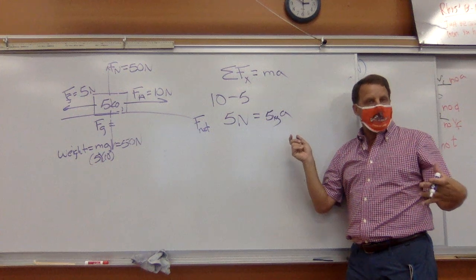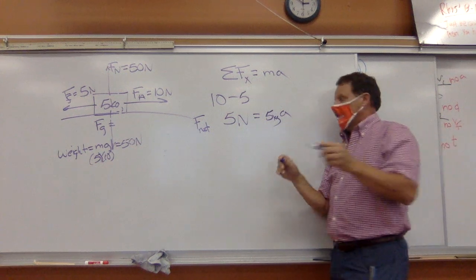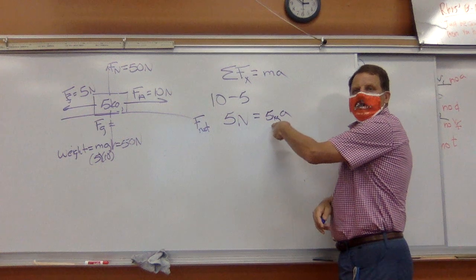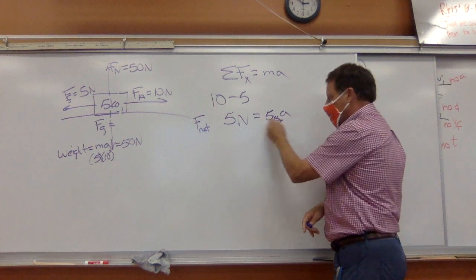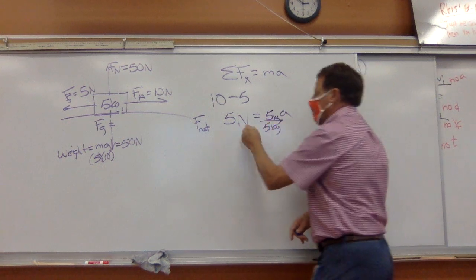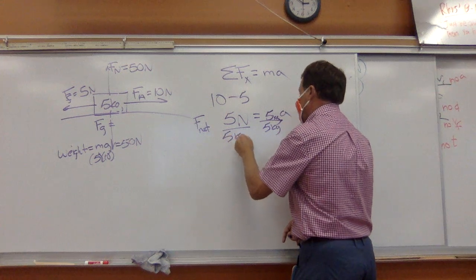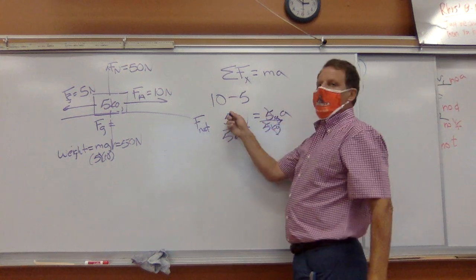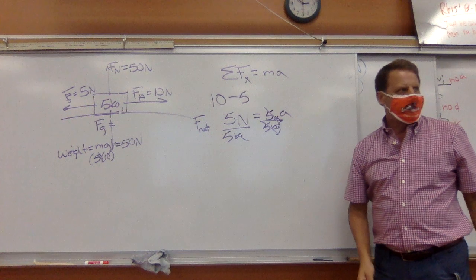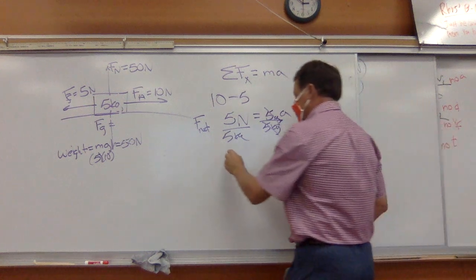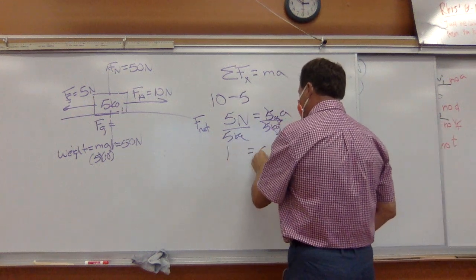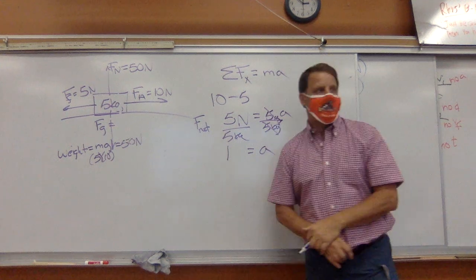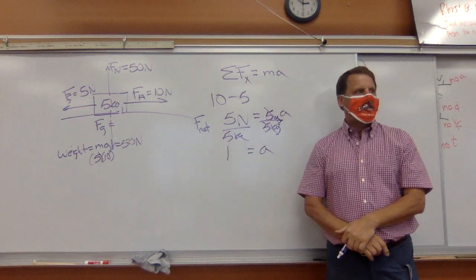We want to get the A out algebraically. We want to get it all by itself. So how do we get rid of this 5 kilograms? Divide it by 5. What's 5 divided by 5? 1. Okay. So 1 is equal to our acceleration.